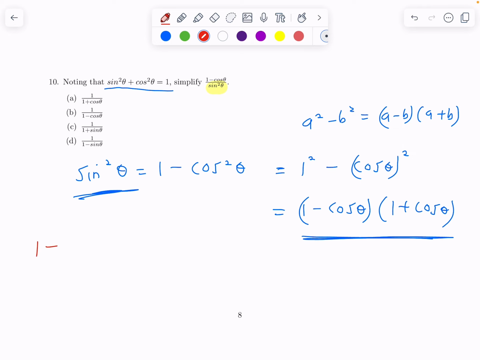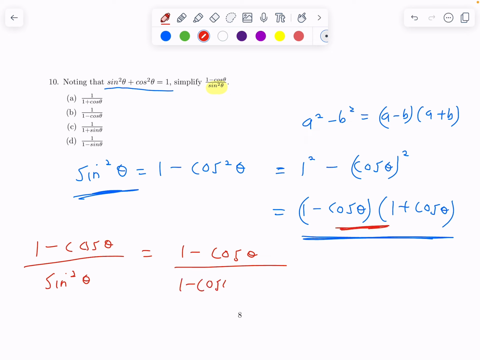I have 1 minus cos theta over sine square theta, which is 1 minus cos theta divided by 1 minus cos theta, 1 plus cos theta. And this part can cancel this part, so this is just going to be 1 over 1 plus cos theta. So what option is that? That's option A.